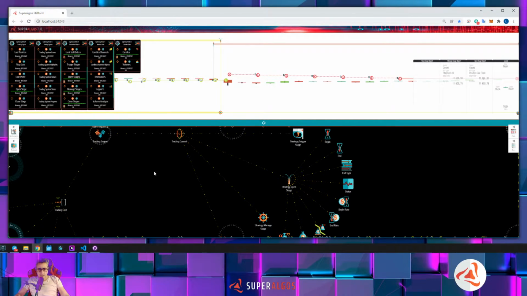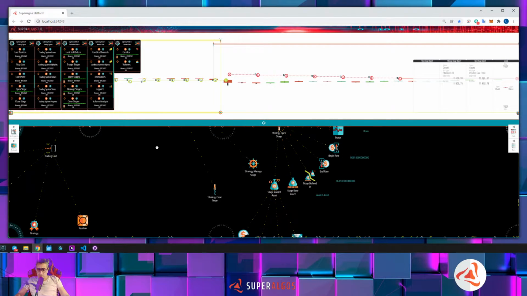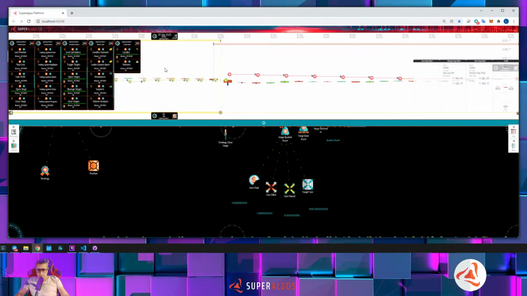Once we activate that layer, we can come here and move the mouse and see how the values change at each position of the mouse. So what I can see here is that our target size is 1000. The size placed is 1000, but then it goes to 0 because the order is cancelled. Okay, so it's placed and it's cancelled. Placed, cancelled, until the size is filled. 1000 is filled.